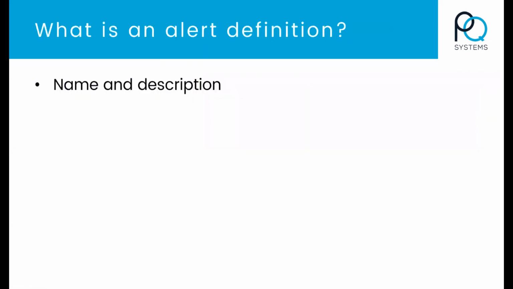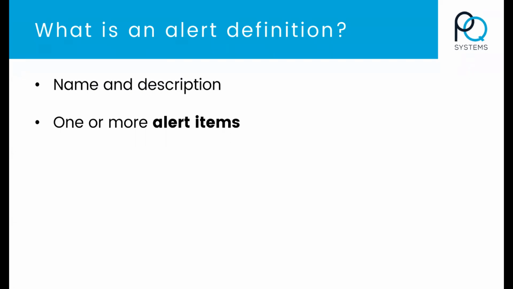So what is an alert definition? Well, to start with, it's just a name and description. And so you want to name that something that makes sense in your workflow. Often it will be a part number that is used for the name, but sometimes it will be a process variable that is known within your operation.